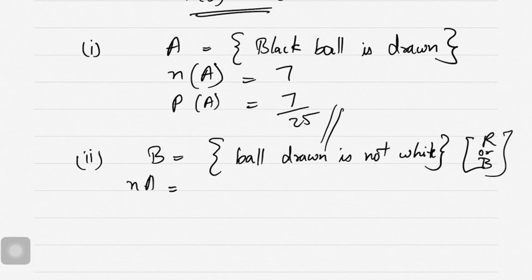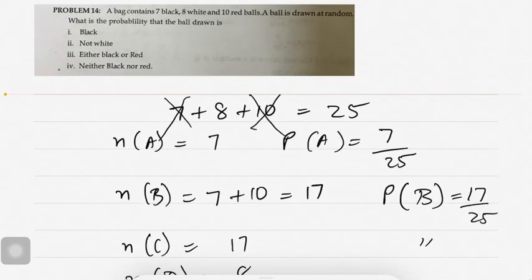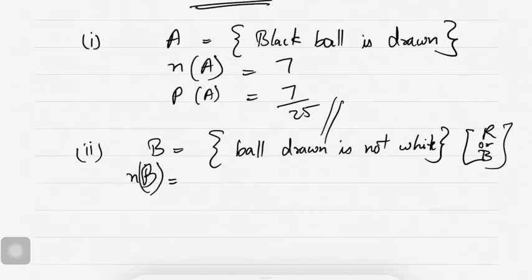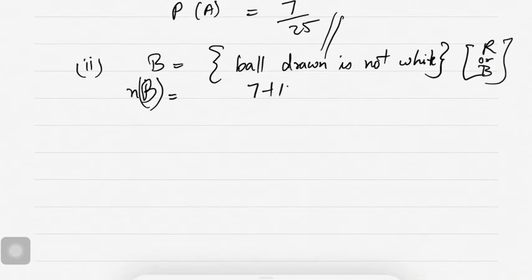So that means N of B would be, how many red balls are there? 10 red balls and 7 black balls.